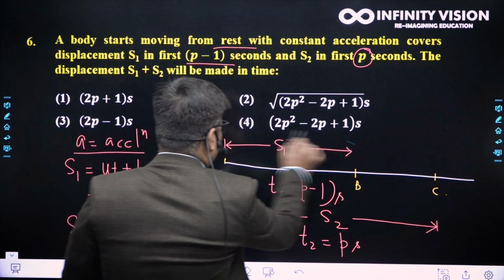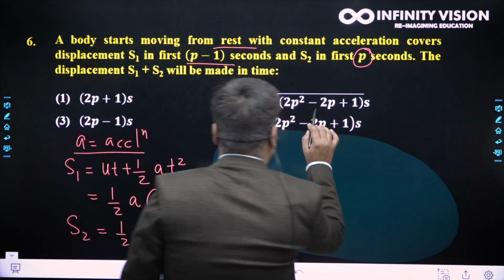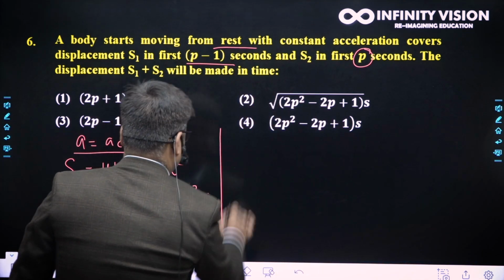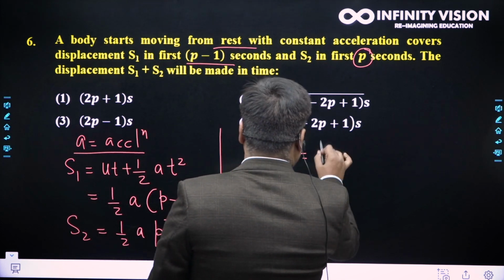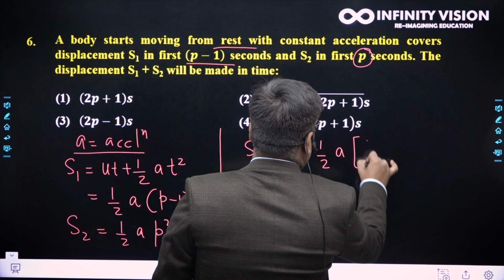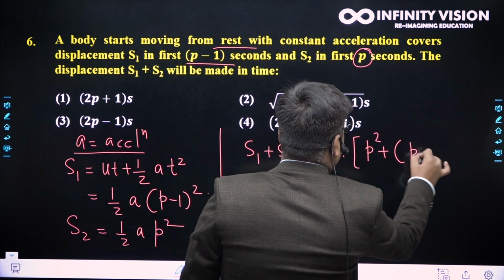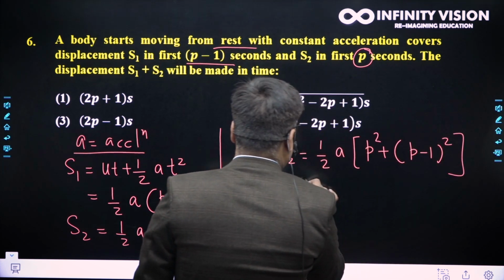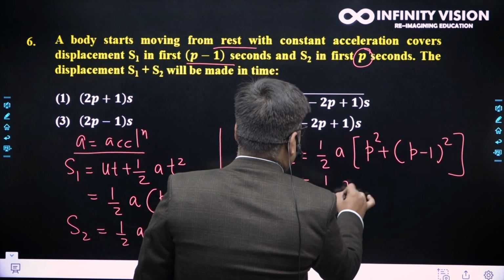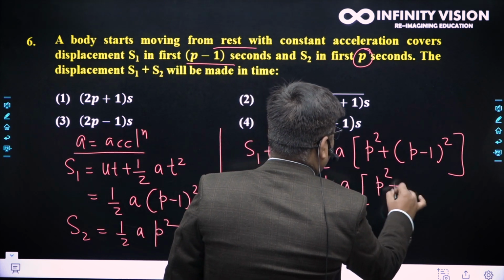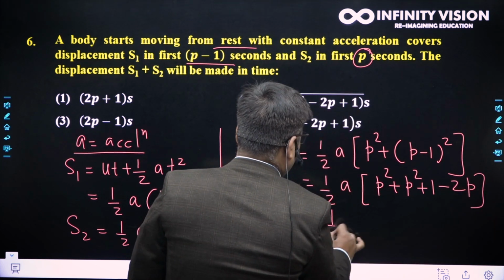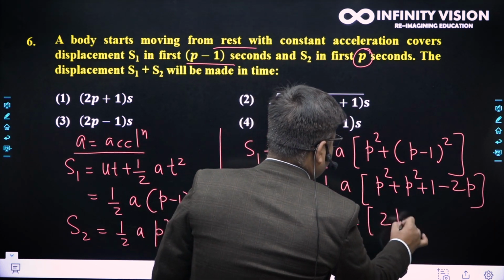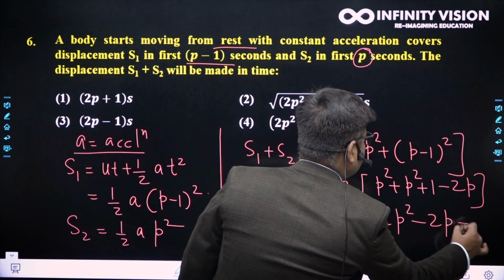Now, if we add both these two equations, we will get s1 plus s2 equal to half a, p square plus p minus 1 whole square, which will be half a, expanding the bracket, p square plus 1 minus 2p, which is equal to half a, 2p square minus 2p plus 1.